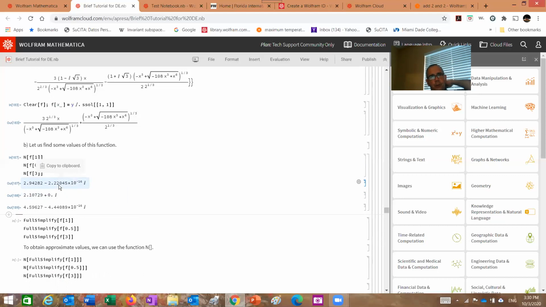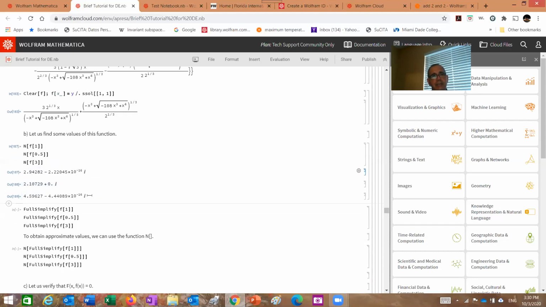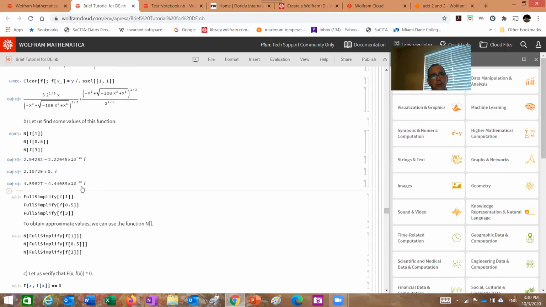This is a very small number, and this is telling you that the imaginary part... The problem is that the computer is calculating the values approximately, and then the imaginary part here is very close to 0. That's why you can consider this to be 0. In this case, it tells you that the imaginary part is 0 because it's 0 times I. And in this case, it's also a number very close to 0. So basically the numbers that count here are the real parts only.